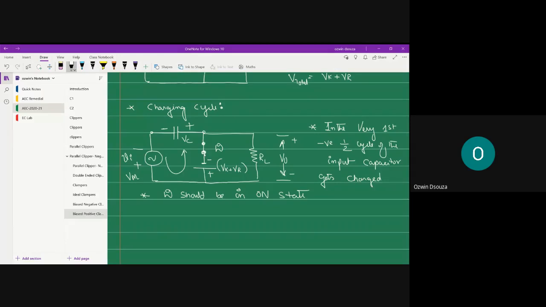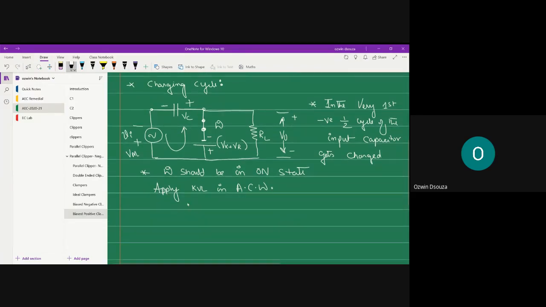Next, apply KVL in anti-clockwise direction, ACW. ACW stands for anti-clockwise direction. So when you apply KVL, what do you get? Minus to plus Vi, then plus to minus Vk plus Vr.